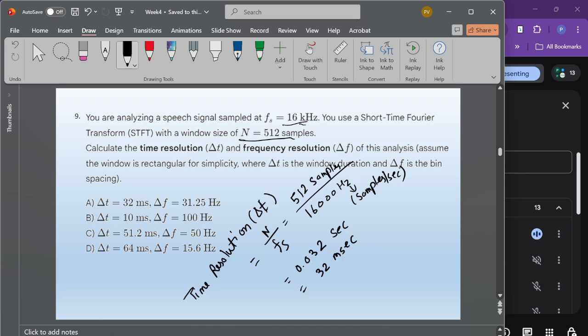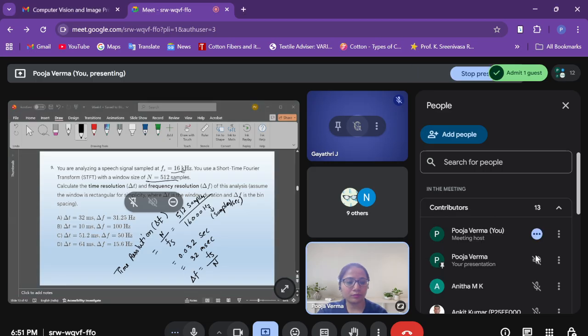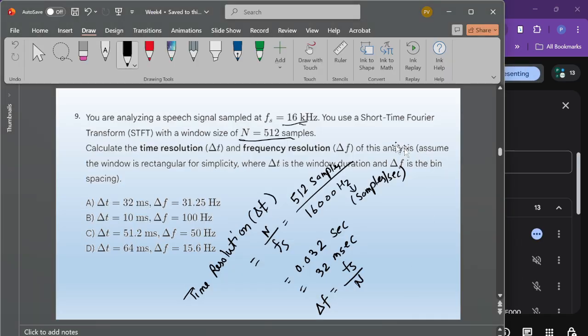Now similarly we can calculate the frequency resolution, delta f, which is the spacing between the frequency bins, that is the width of the main lobe of the window spectrum, and it is the opposite of the time resolution: fs divided by N. So 16,000 divided by 512.